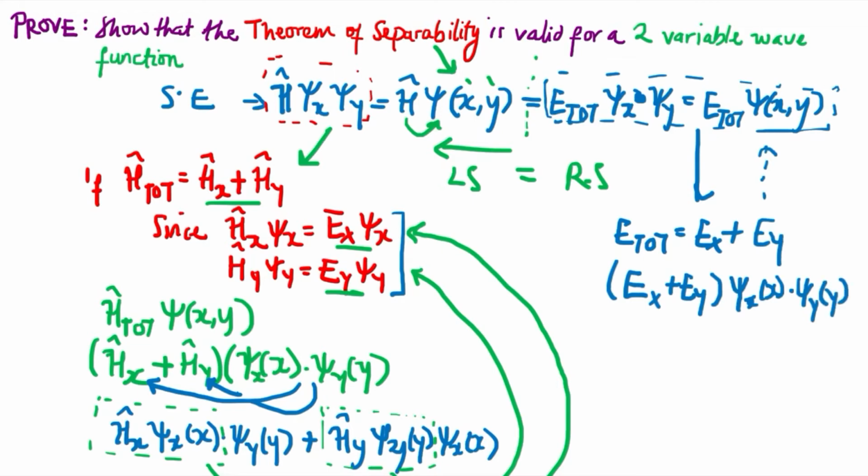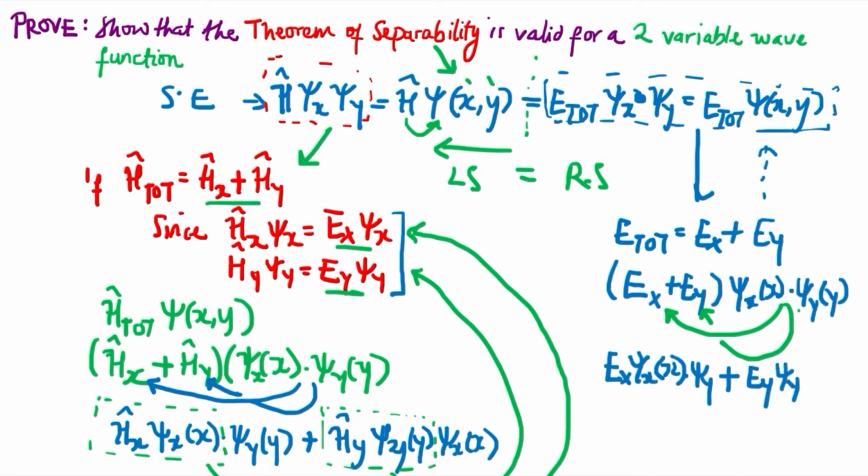So by expansion, multiplying this by that and multiplying all these both here by the y, what that results in is the expansion, which shows that the EX is acting on our wave function on the x coordinate, and this gives us our y, and this is going to be added to the energy on the y acting on the wave function of the y, and our x right in the right position.